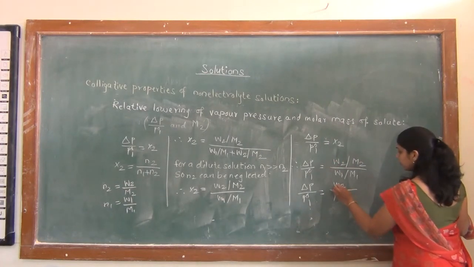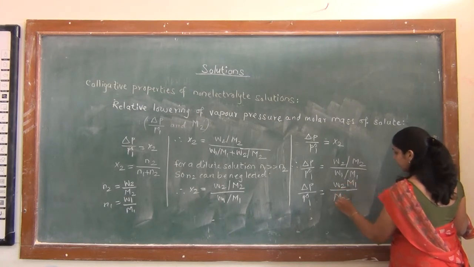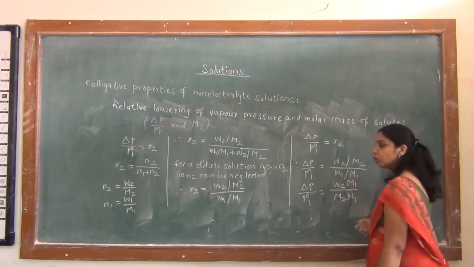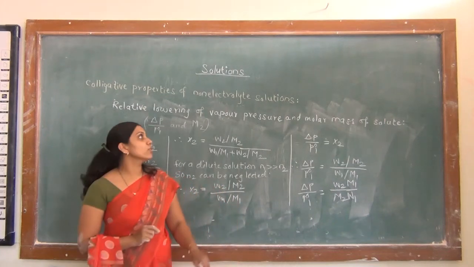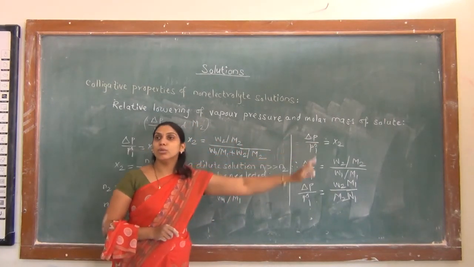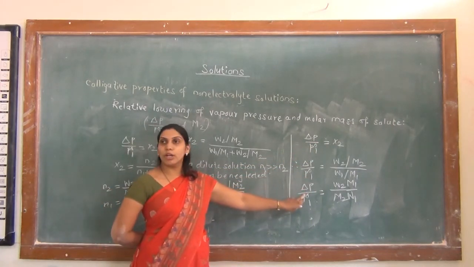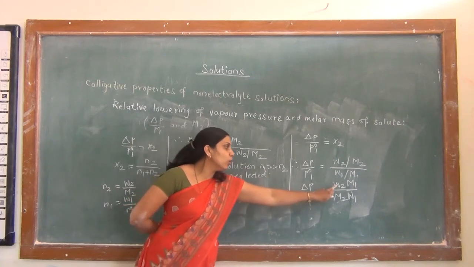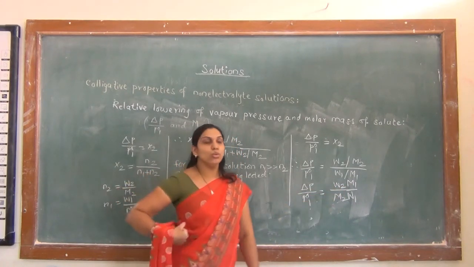So the equation obtained is W2 M1 divided by M2 W1, and this is the relationship between relative lowering of vapor pressure and molar mass of solute. What relation have we obtained? Delta P upon P01 is equal to W2 M1 divided by M2 W1.